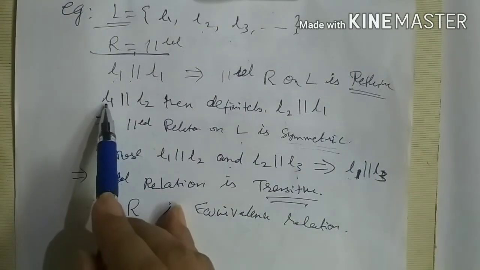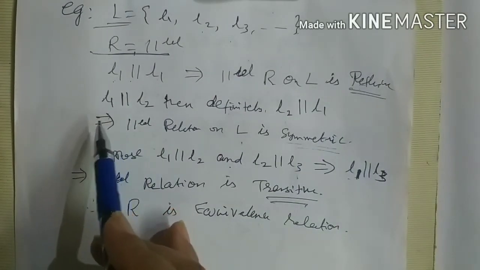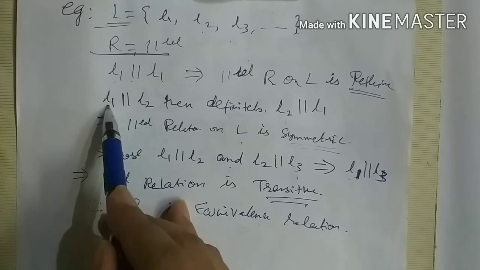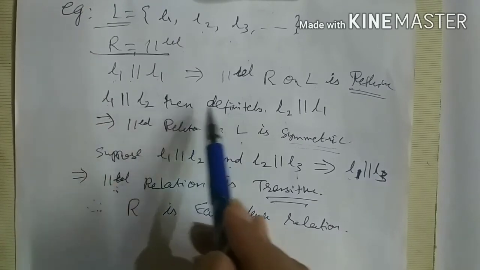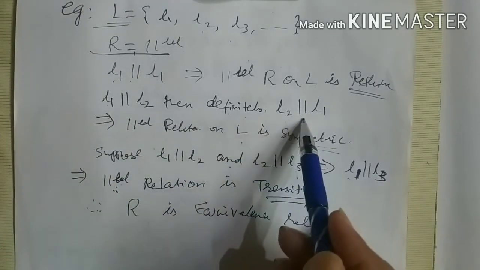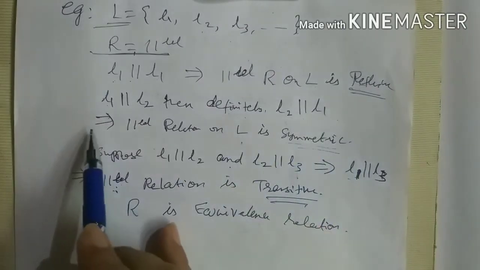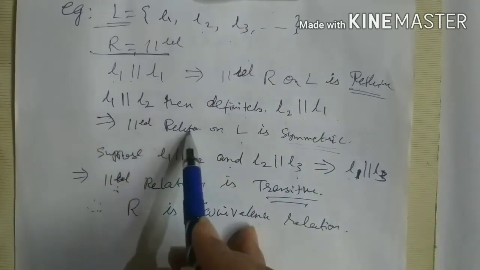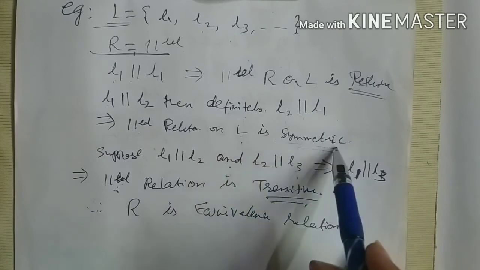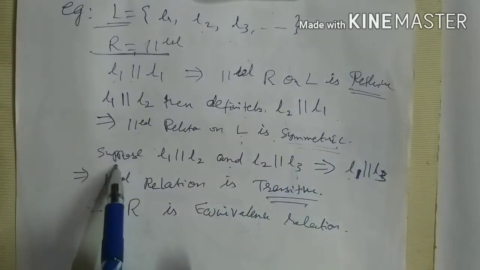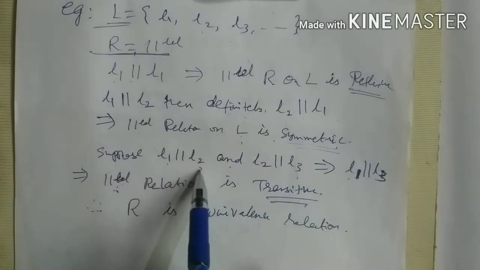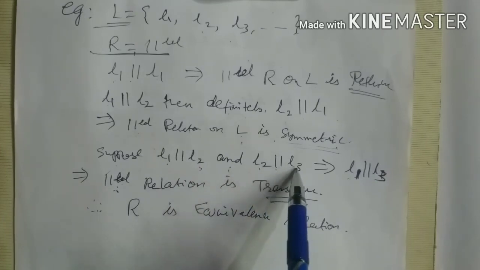Next, we shall verify the second condition. Suppose L1 is parallel to L2, then definitely we know that L2 is parallel to L1. This implies that the parallel relation on the set of lines L is symmetric. Suppose L1 is parallel to L2 and L2 is parallel to L3.